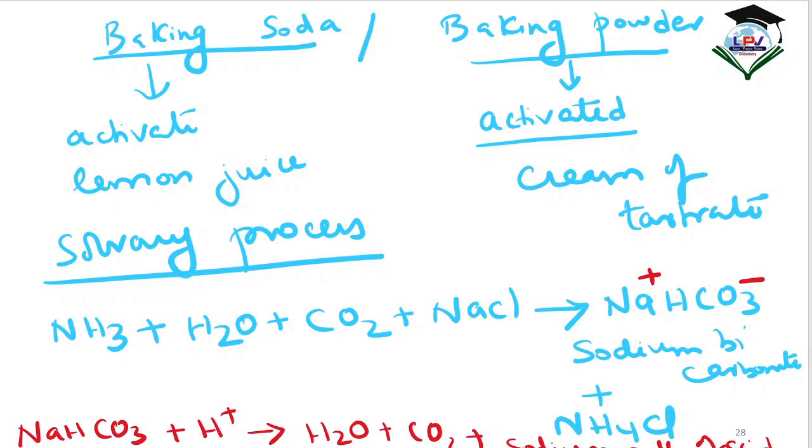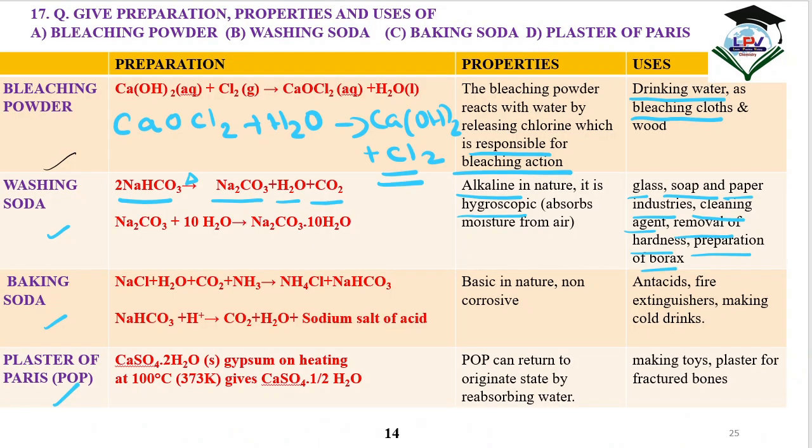And this CO2 is responsible for giving the effervescence, and it is responsible for making the cake spongy. We can see that it is basic in nature and corrosive as well. The baking soda is used as an antacid, which means it is used to neutralize the acid present in the stomach. It is used as a fire extinguisher to stop fire, and in making cold drinks.